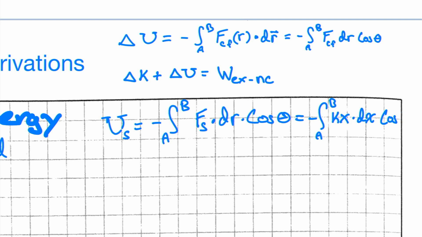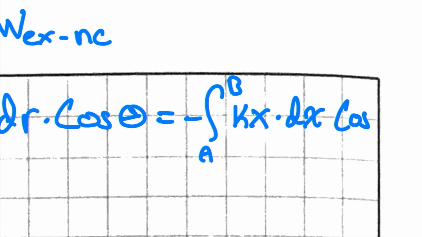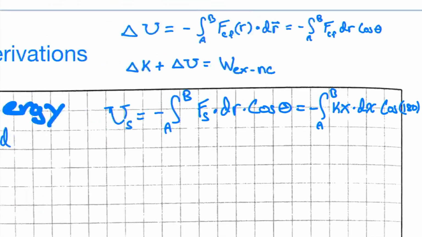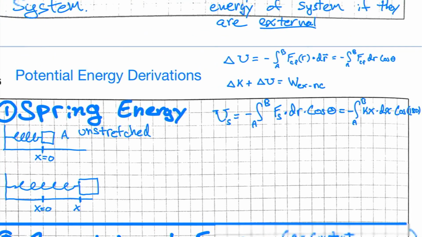And why is that cosine of 180? Well, it's cosine of 180 because the spring here is pulling to the left, but our motion was to the right. And this is state B. So in going from A to B, we have moved to the right, but the spring was pulling back to the left, and that's an angle of 180.